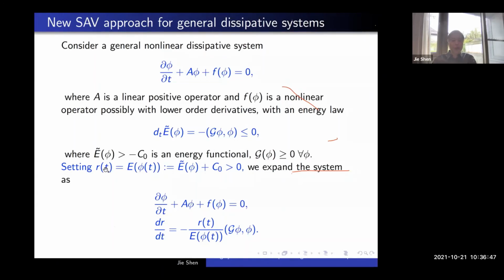Since R is just this energy, you can write dE/dt as dR/dt, right? And in front, just like before, you stick a ratio R/E, which is identically equal to 1. Okay, so this system is equivalent to the original system, and now we are going to discretize this expanded system.